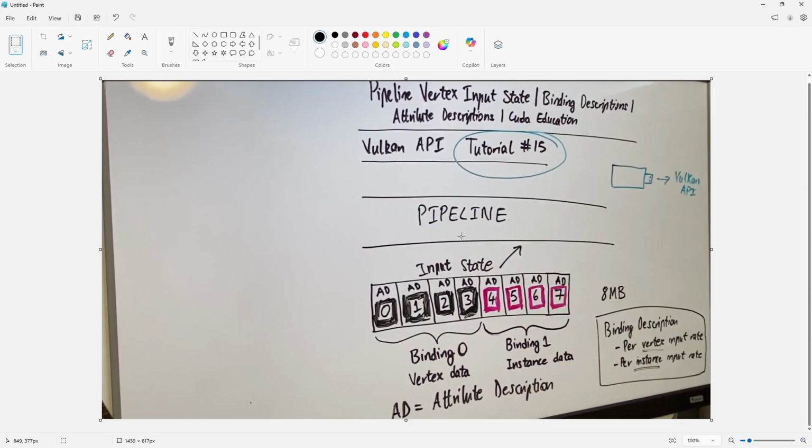And then each of the documents on the USB stick is broken up into folders so that the other person that's receiving the data can make good use of the data, right? You never want to be in a position where you're just giving Vulkan data, and it doesn't have a framework to receive and process the data, right? So that is what pipeline vertex input state, binding descriptions, attribute descriptions is tackling.